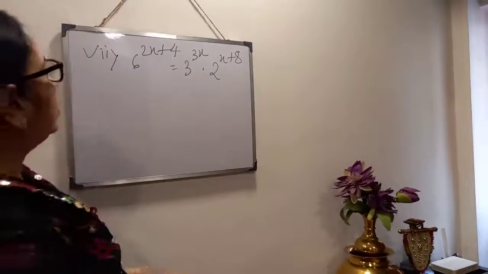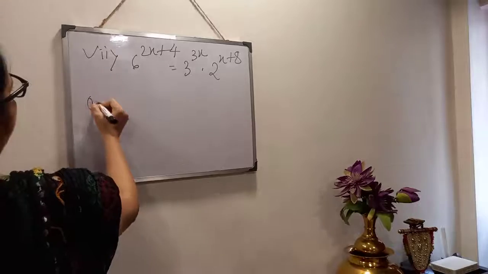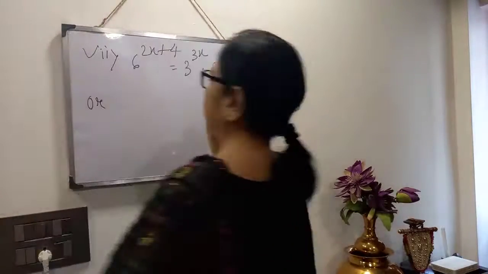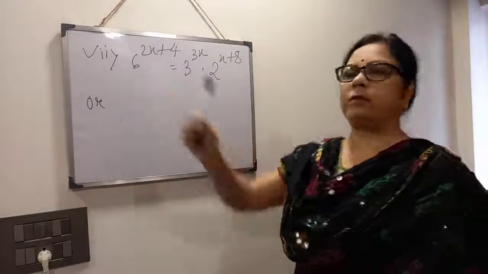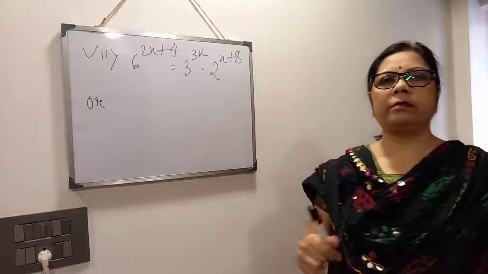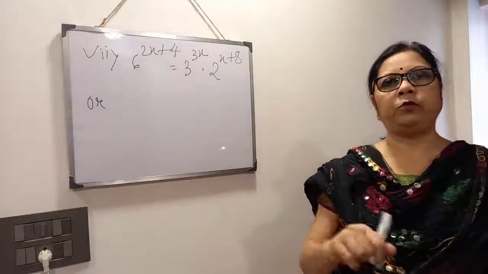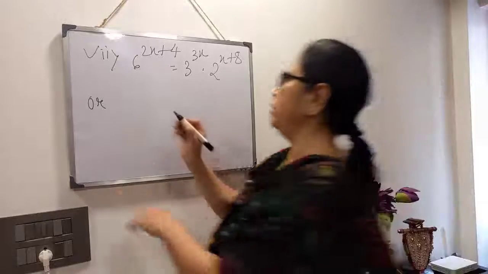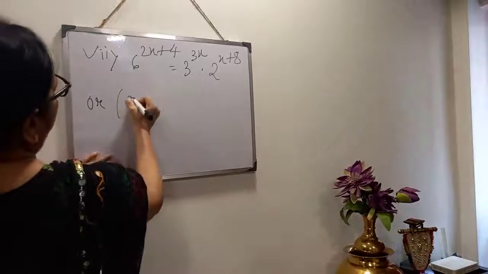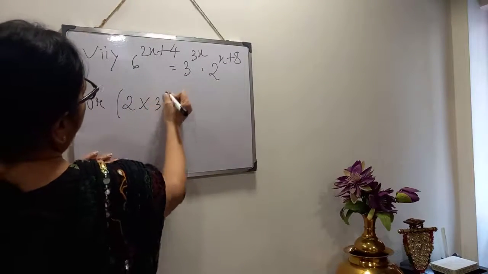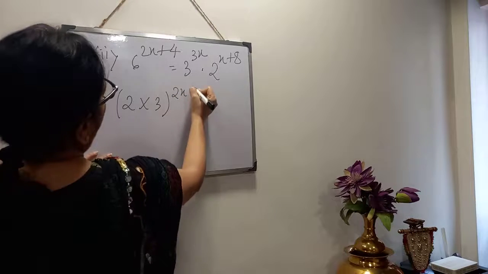Clear? Now you see here, there is 3 and 2 and there is 6. So what we can do, 6 in terms of 2 and 3. 2 into 3, 6. We'll write down that. 6 in terms of 2 and 3. 2 into 3, 6. And power is this.